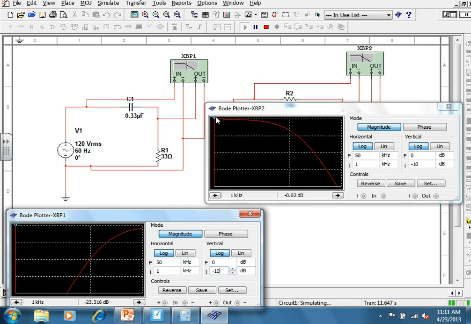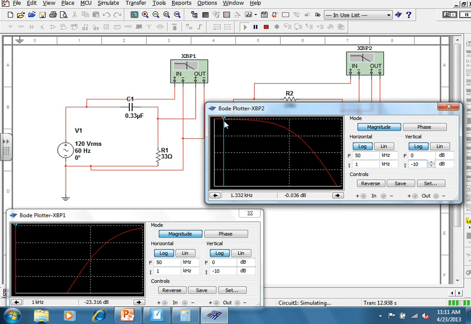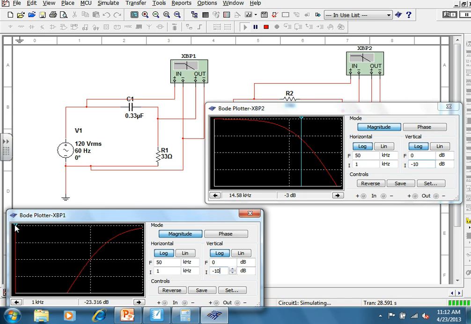Now we're going to go looking for the 3 dB down point. Alright, there we go. Found that one.